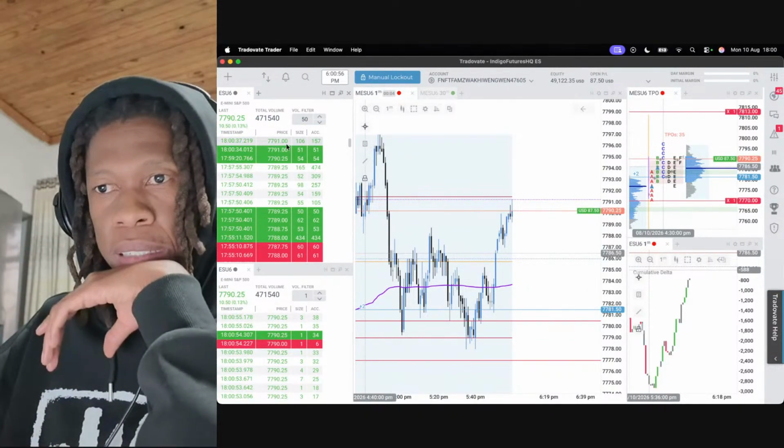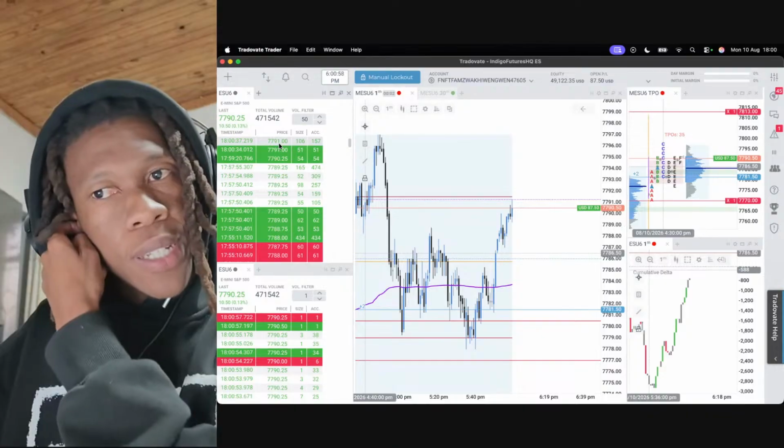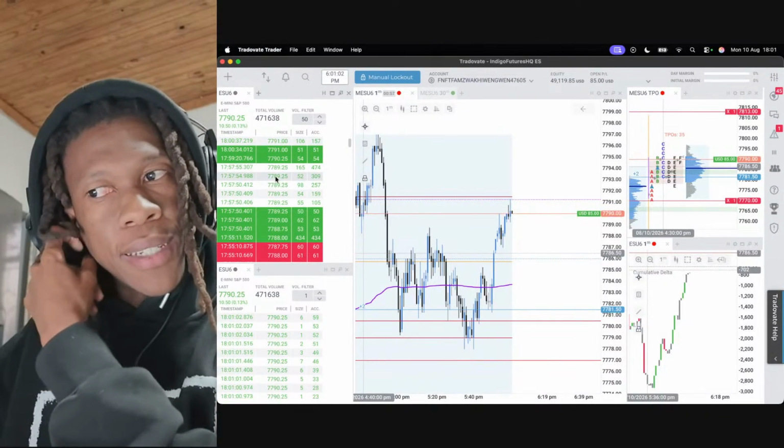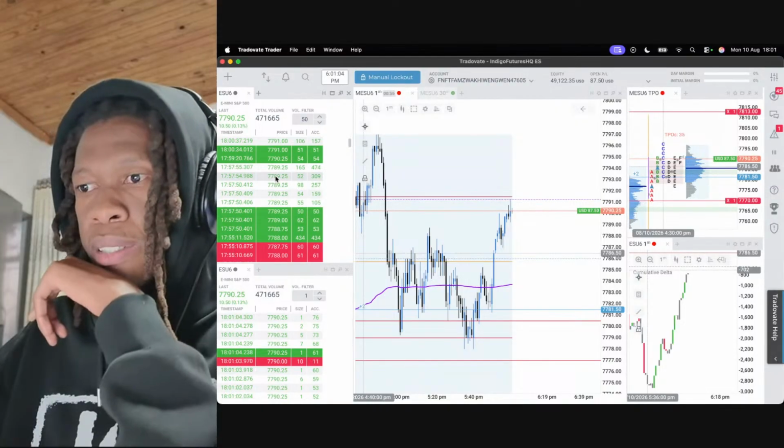$157 accumulated at 91. Again, the same type of print, you know what I'm saying, as these 89.25s. So that is kind of showing us a little bit of weakness.